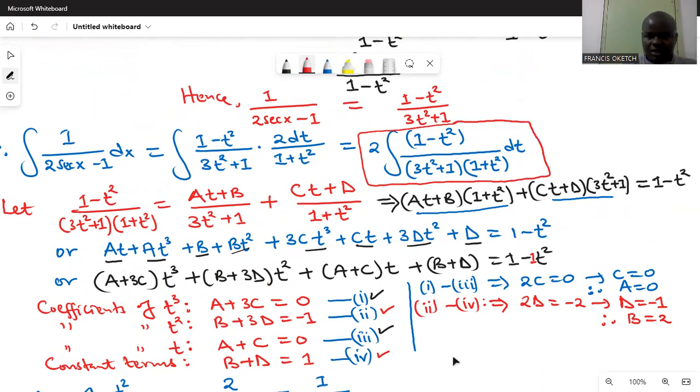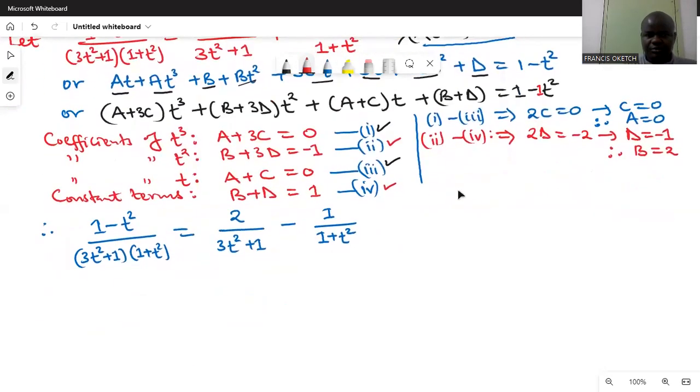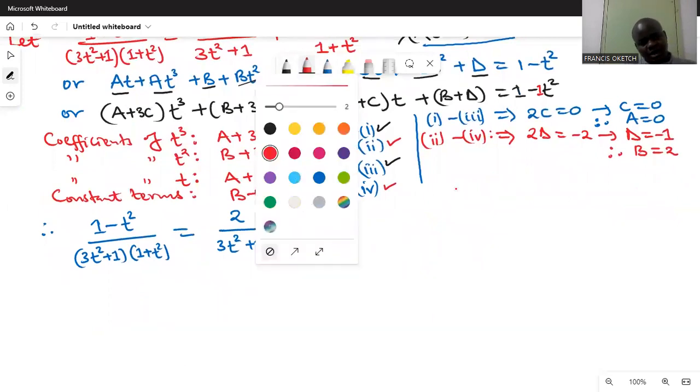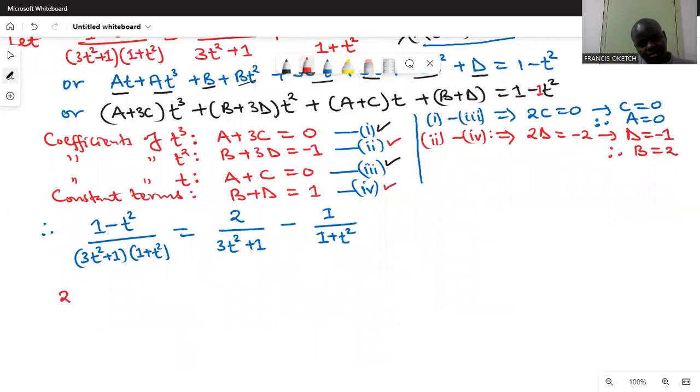So I'll rewrite the integral. We just say therefore, we now need 2 times the integral of (1 minus t squared) over (3t squared plus 1), multiplying 1 plus t squared dt.